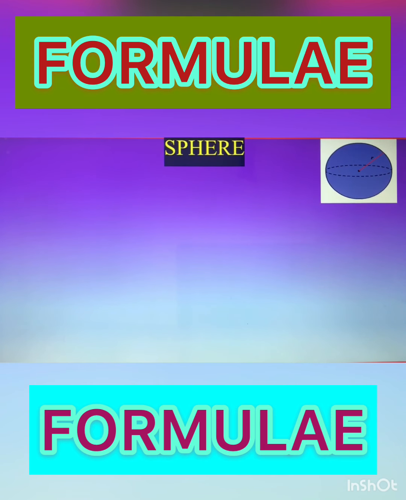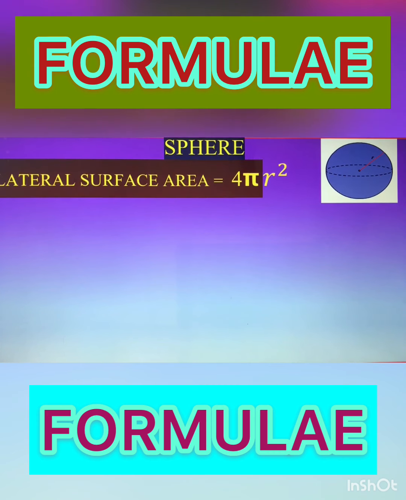So here length is r, and height is also r, and the breadth is always r. Means length, breadth and height, all things are the same, that is equal to the radius. So now here is the first formula, that is lateral surface area of the sphere.